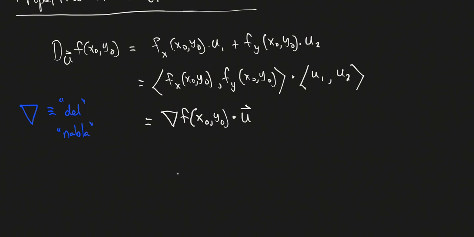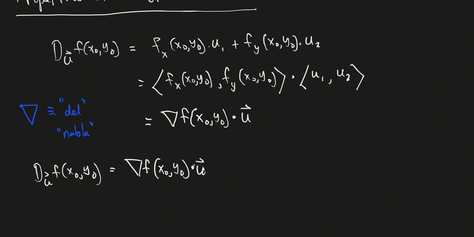So I'm going to write something on one line here because I want it to be super clear that all these are equivalent forms. We now have this gradient form of the directional derivative.